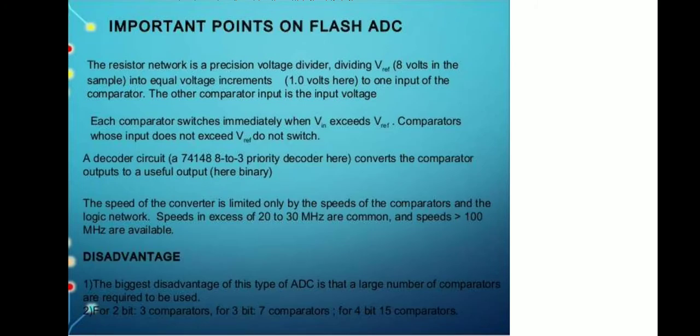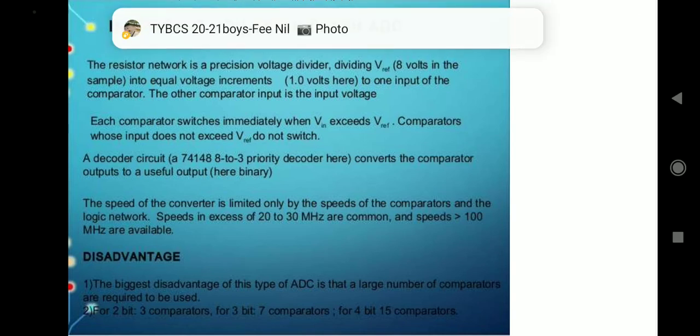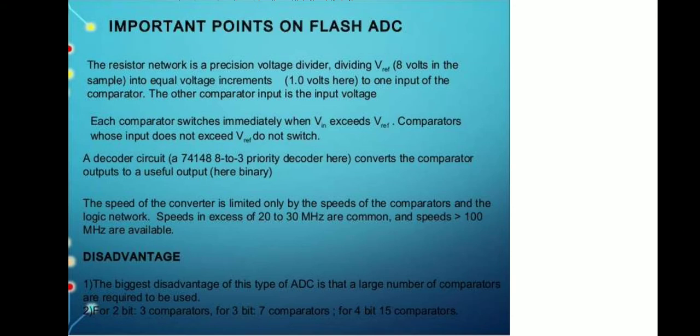While such converters are extremely fast, they are also very costly as compared to the other types of ADCs. The important points of flash ADCs: the resistor network is a precision voltage divider, dividing the reference voltage into equal voltage increments to one input of each comparator. The other comparator input is the input voltage. Each comparator switches when the input voltage exceeds its reference voltage. The comparators whose input does not exceed the reference do not switch.